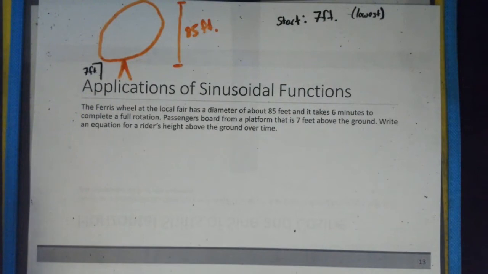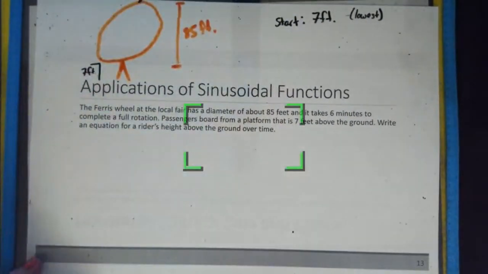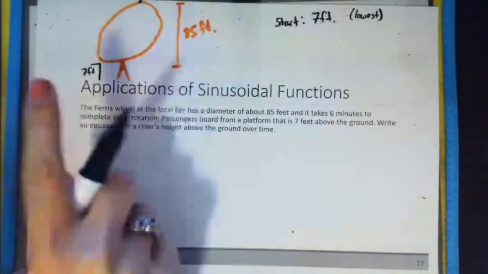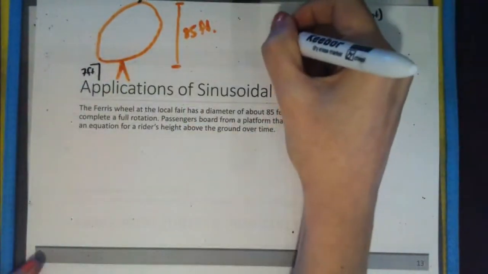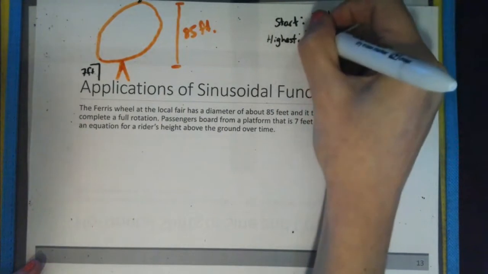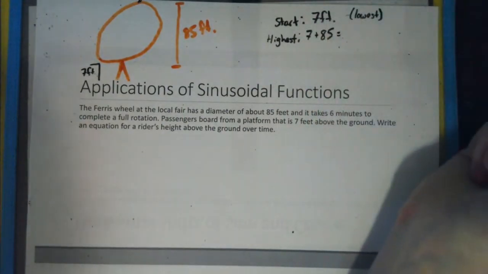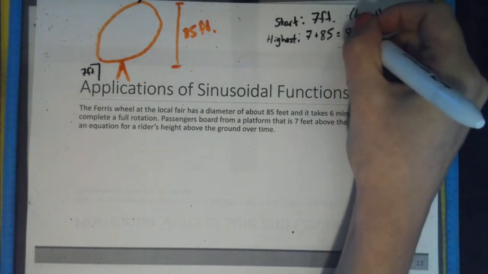The highest they're going to go is going to be at the top of the Ferris wheel. The top of the Ferris wheel is 85 feet higher than what they started. So the highest is going to be the 7 feet that they started at plus the 85 feet that is the diameter of the Ferris wheel. And that gives us 92.